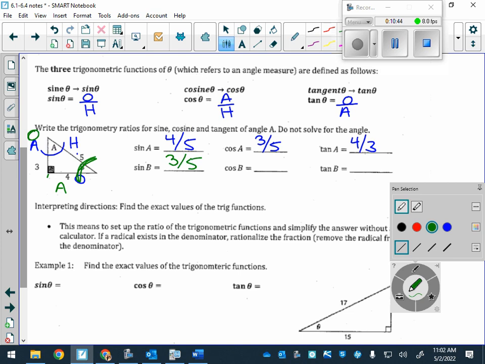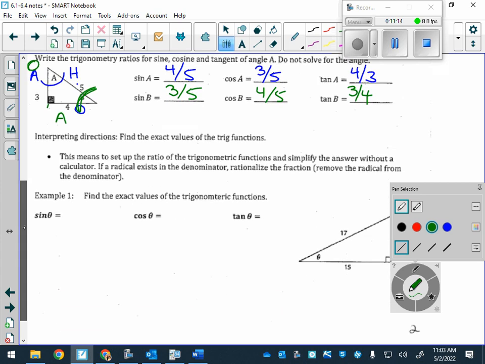What would be the cosine of B? 4 over 5. And the tangent of B? Go ahead, Andrew. 3 over 4. Good. Just be careful when you're doing those because it may seem very easy, which it is. However, a lot of the side lengths kind of get mistaken for others.